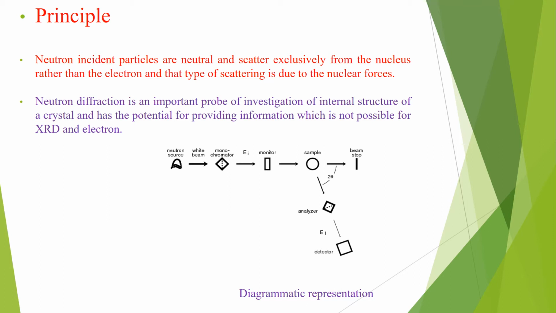Here is a diagrammatic representation of the neutron diffraction technique, in which neutrons are taken as a source in the form of a white beam. These neutrons are passed to the monochromator so that the neutrons have a uniform wavelength. Then these monochromatic neutrons are passed through the monitor, and after this they strike the sample.